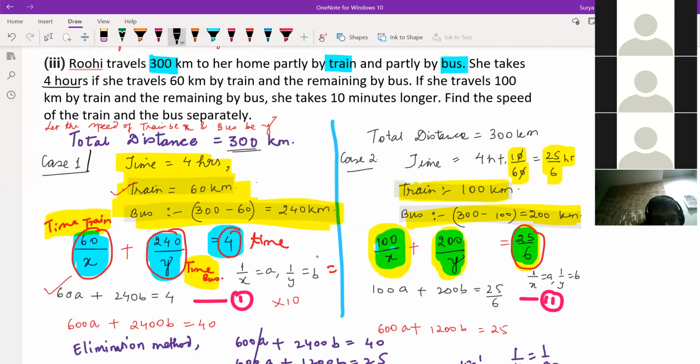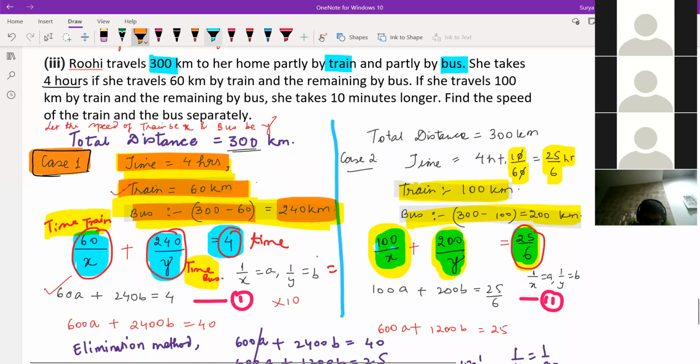So case 1, I'm writing here, children, try to understand. Case 1: time taken is 4 hours. If the train goes 60 kilometers, how much will go by bus? 240 kilometers.